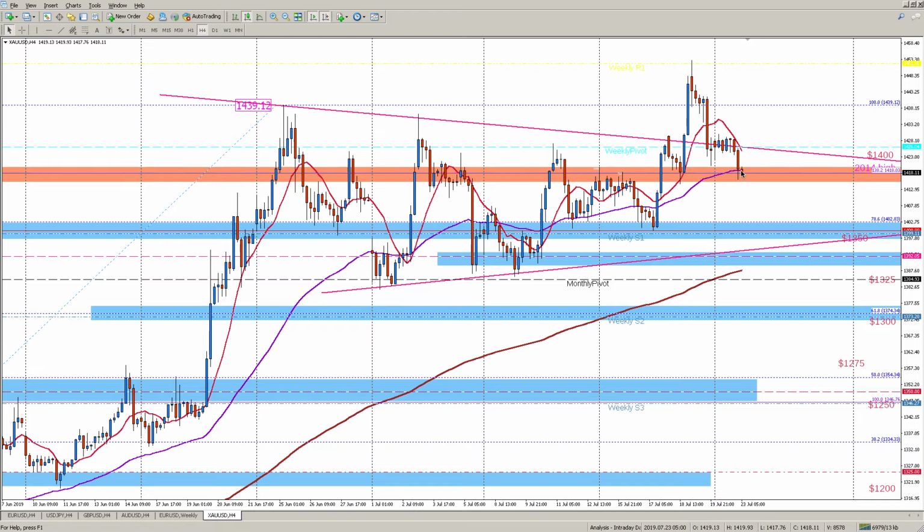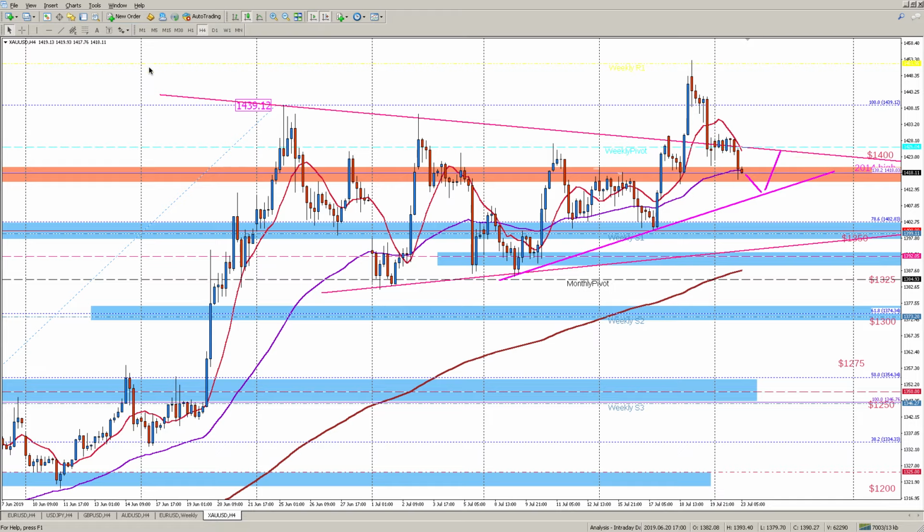So potentially there could be some support from this trend line from below, where if it does fall lower, then it could find some support here on this trend line and bounce back up to the upper trend line of the triangle where the weekly pivot line is 1426.